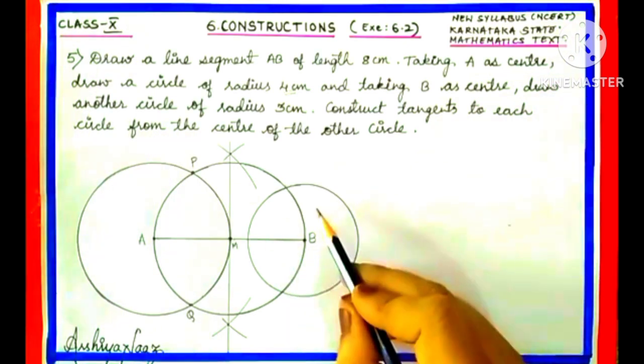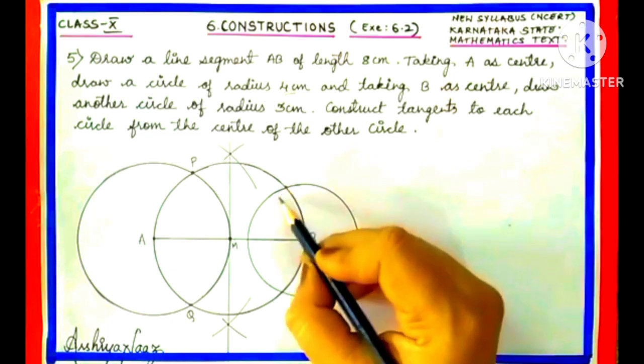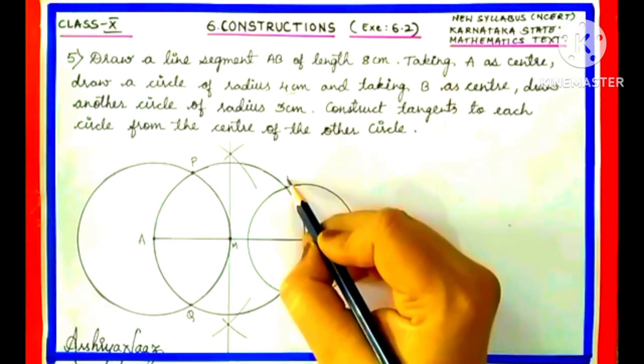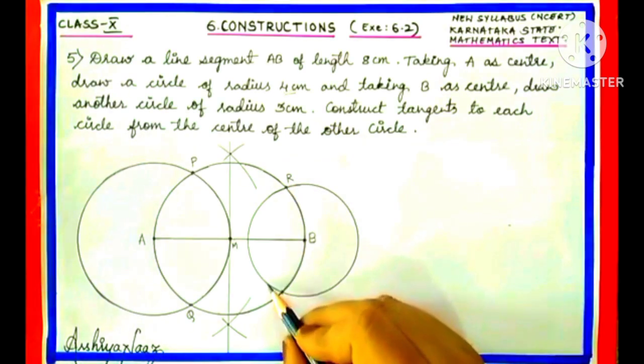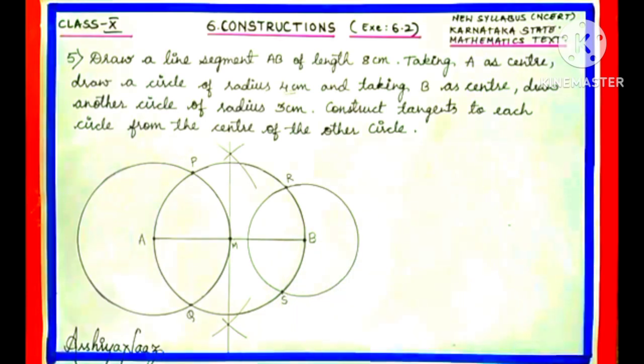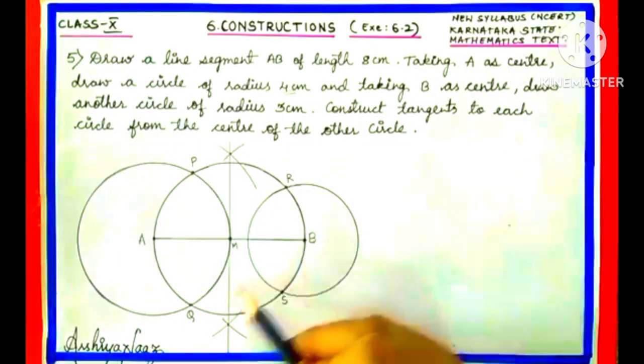Similarly, for this circle also, we get 2 points here. The points where the two circles intersect. Let this point be R, and here is another point. Let this point be S. Now, join BP and BQ first.